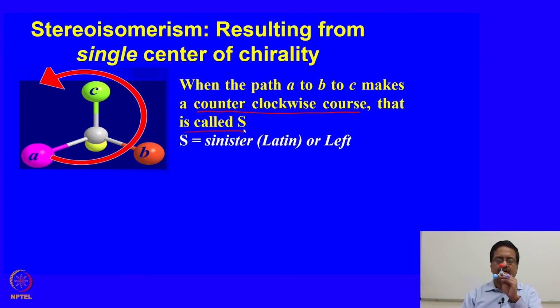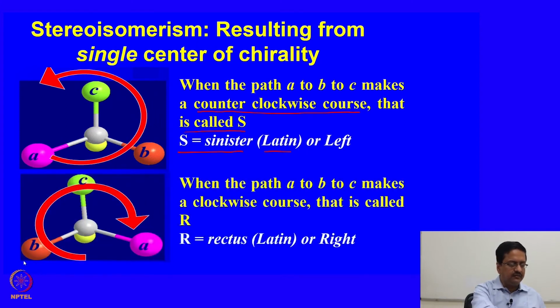So this particular compound should be termed the S isomer, from sinister in Latin, which means left. Remember that you are viewing from the direction opposite to the 4th group.